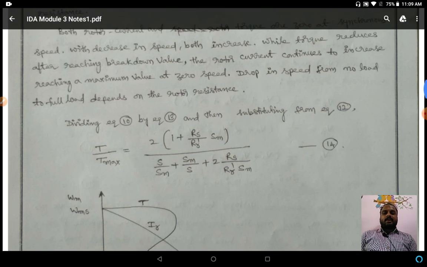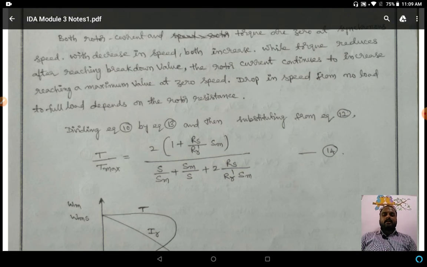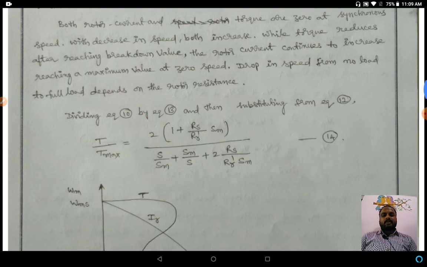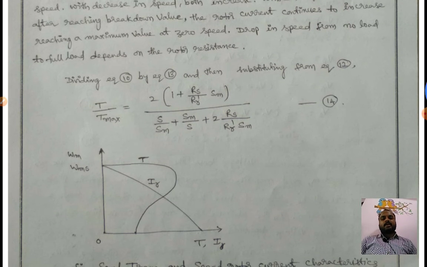So coming to equations 10 and 13, substituting in equation 12, finally you will get T by T_max, the ratio of torque to maximum torque, equal to this expression.